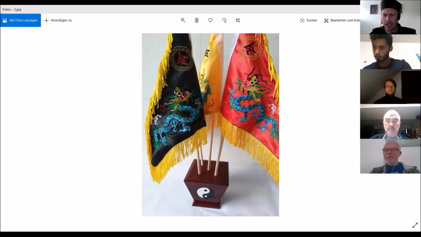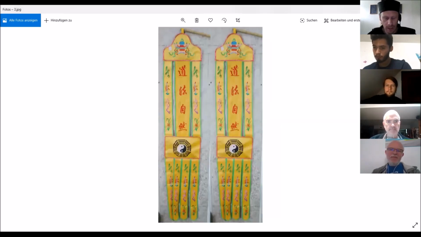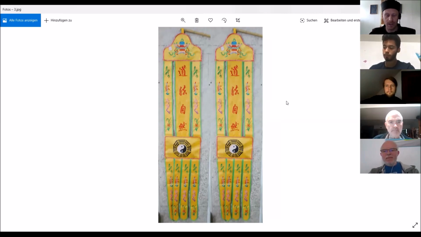Okay, then let's just look over the photos and not go back to the text. So here's a different kind of flag. This is not the same kind of Lingqi, but this is called Chuanfan, and it's also a kind of hanging flag.